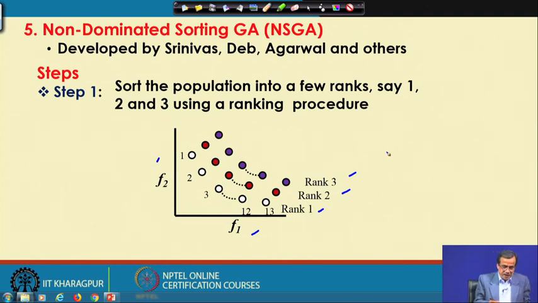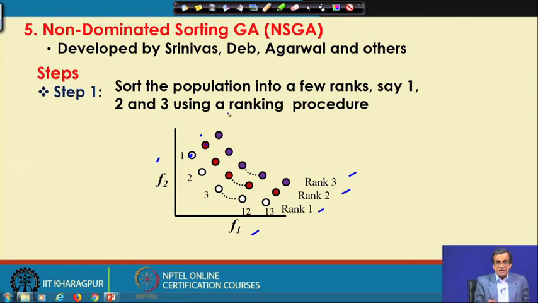Now, if I compare a particular solution from rank 1 and another solution from rank 2, definitely this rank 1 solution is non-dominated in comparison with the rank 2 solution. That means the rank 1 solution is slightly better compared to this solution in terms of the objective function.